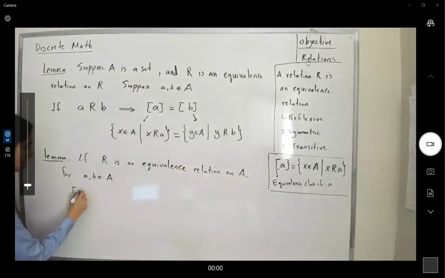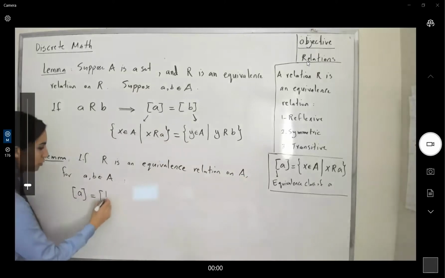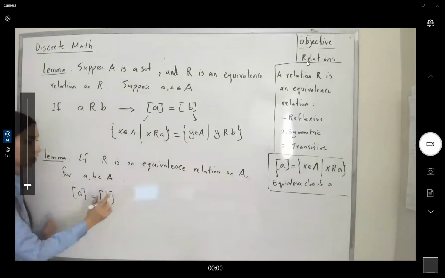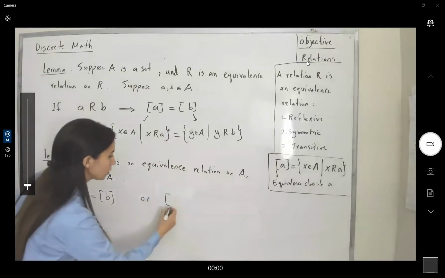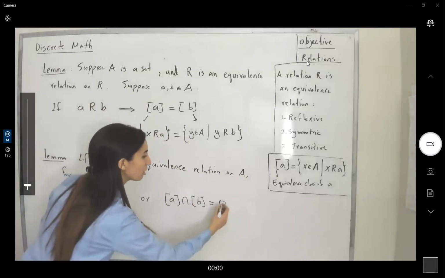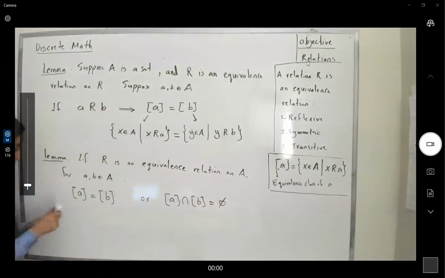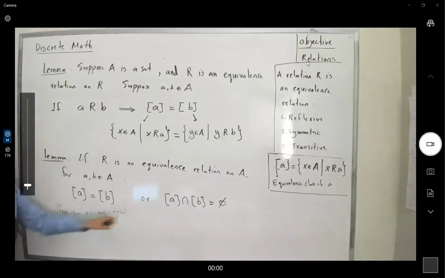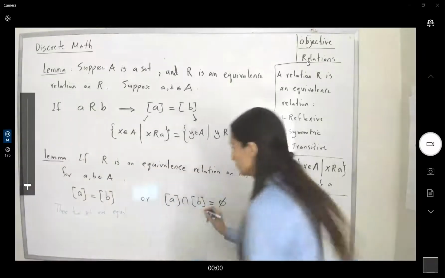Equivalence class of a is equal to equivalence class of b. These two sets are equal to each other, or these two sets have nothing in common. They are disjoint from each other.